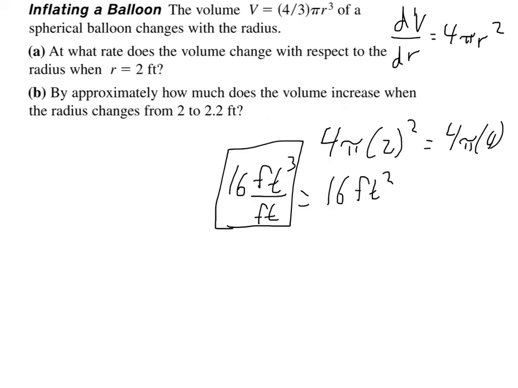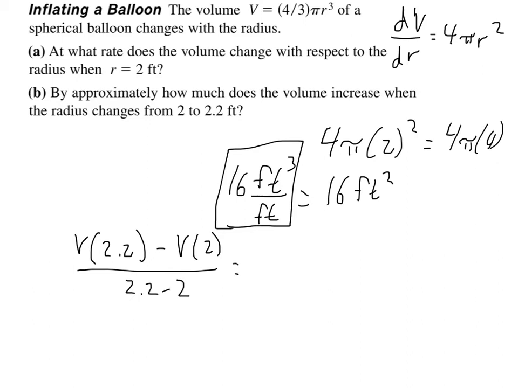By approximately how much does the volume increase when the radius changes from 2 to 2.2 feet? Well, simply we can just go, okay, it's V of 2.2 minus V of 2 all over 2.2 minus 2.